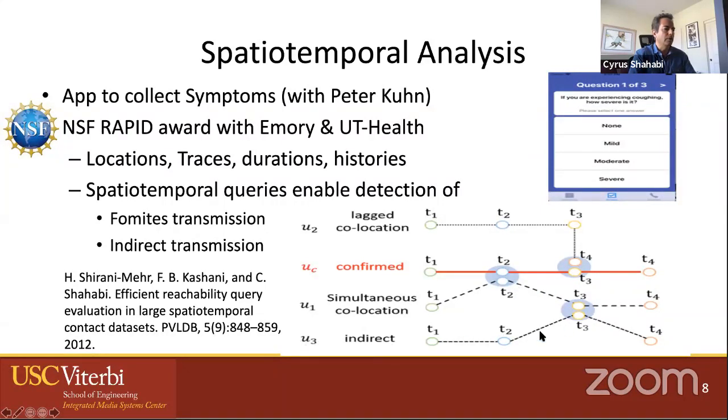And you can also tag fomite transmission, where the person who was infected was there at time T3, but the other person came there later at time T4. You can still say there is some risk associated, because this person is potentially touching things that the other person left.